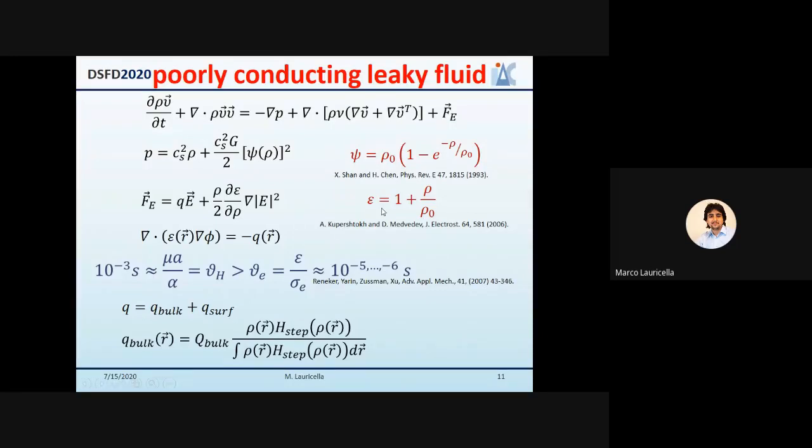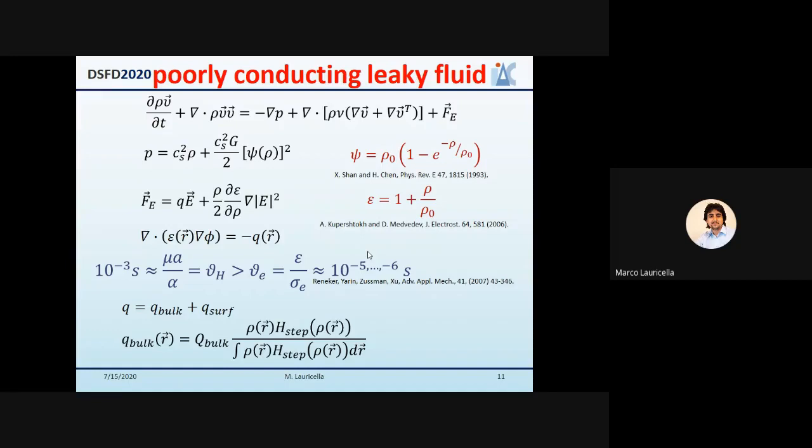But there are other possible relations that can be used, for instance, the Clausius-Mossotti. Further, we have to solve the Poisson equation in order to compute the value of the electric potential and the electric field.